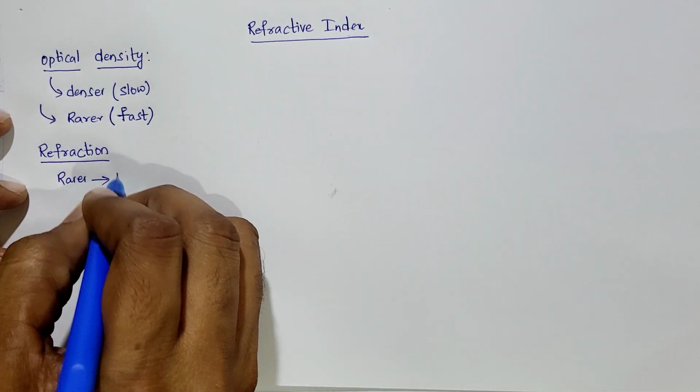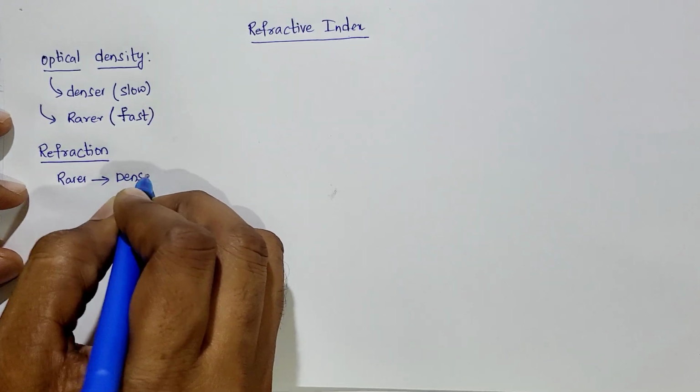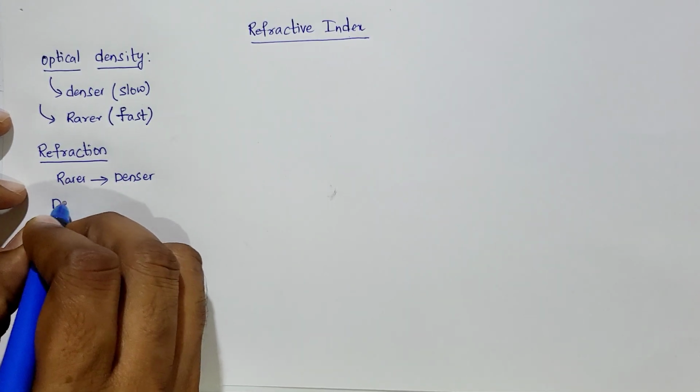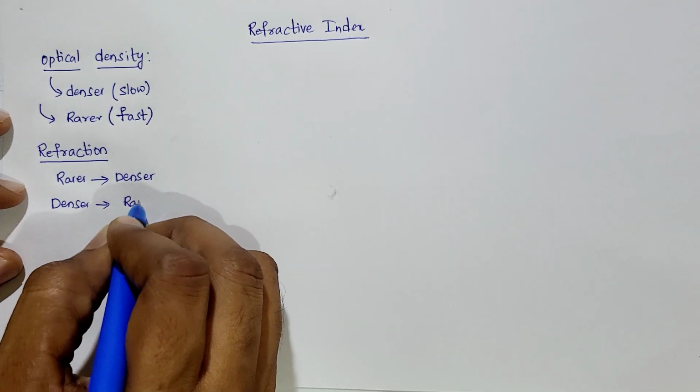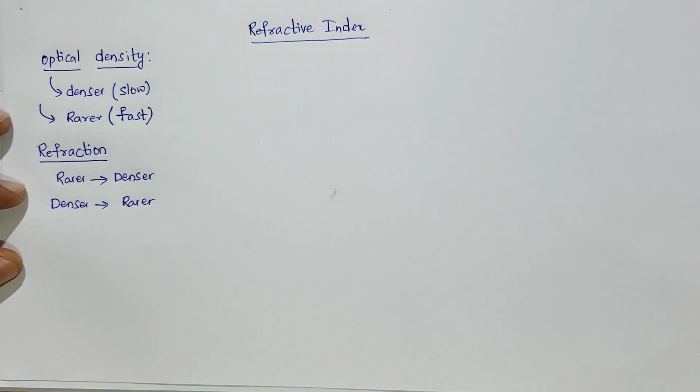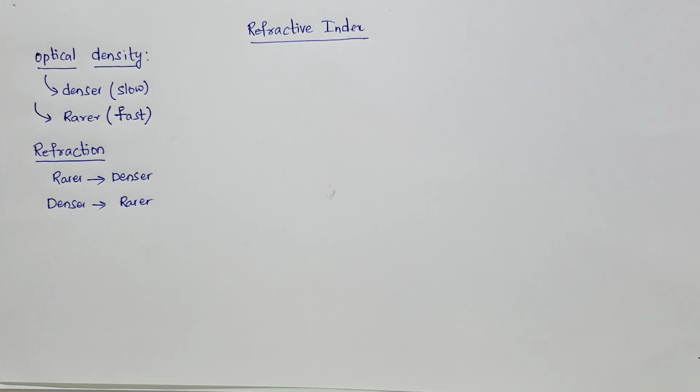If the light is passing from rarer medium to denser medium, or from denser medium to rarer medium, then refraction will happen. You know the definition of refraction: the bending of a light ray when it passes from one optical medium to another optical medium is known as refraction.